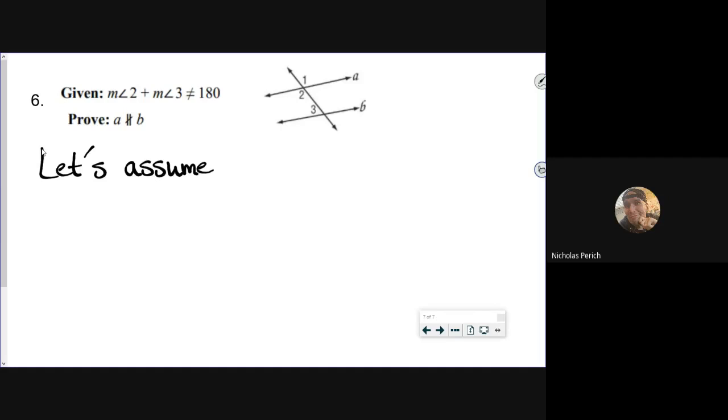So what am I going to assume? I have to prove that line A and line B, I think I said angle before, didn't I? Yes, that they are parallel. Good. Assume A and B are parallel.